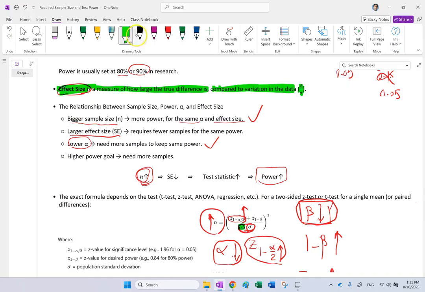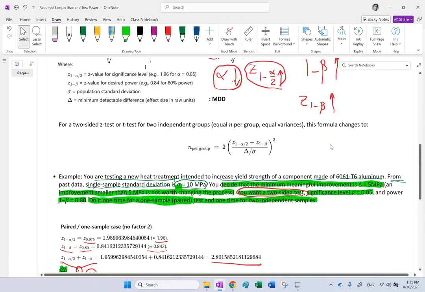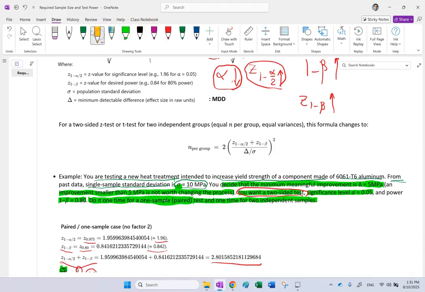What happens to this? The smaller this delta is, the denominator goes smaller, the whole thing goes bigger, n goes bigger. So you see, smaller delta means bigger sample size. So if I want to detect significance, even for very small changes, I need to have more data.